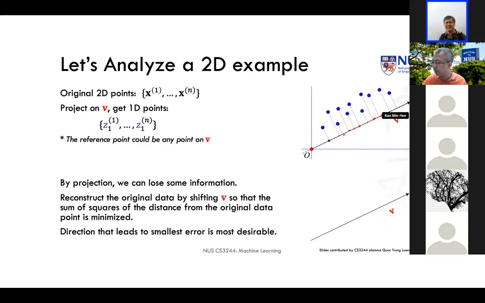We don't have any information about the offset of the line, so we've just projected onto this line segment. So we need to shift the data so that the sum of squares is lessened, right? We're going to pick up the line and move it a little bit so that the line segments lose as little data as possible. So basically we just shift it from the origin so that we can do this.